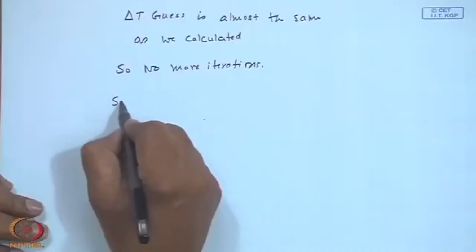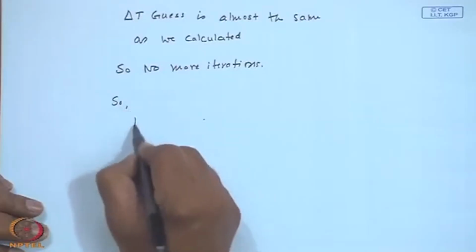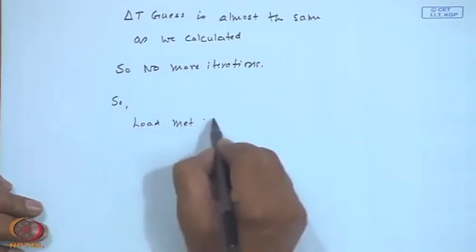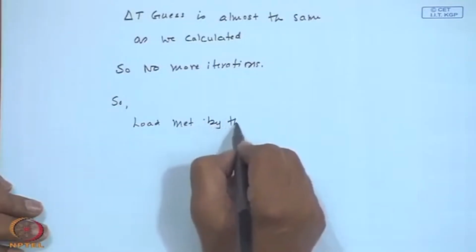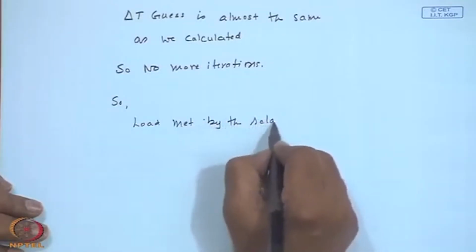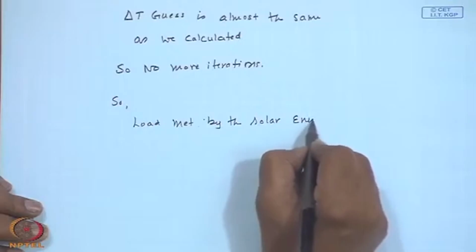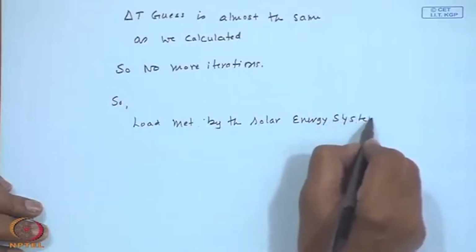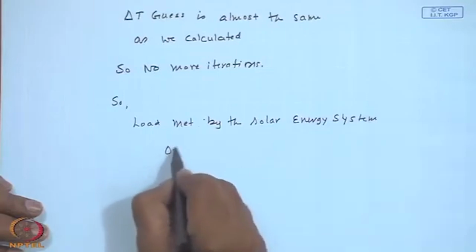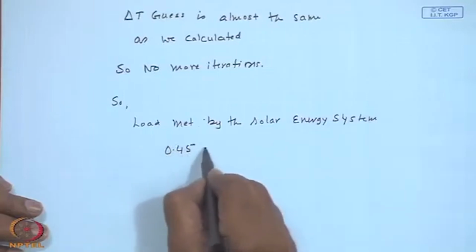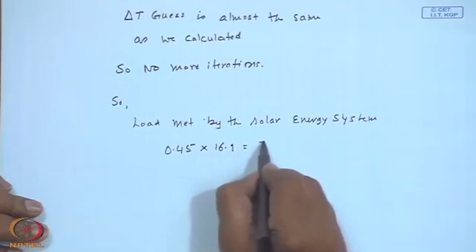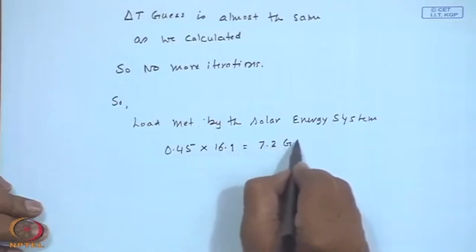So, finally, the load met by the solar energy system is 0.45 times 16.1, equal to 7.2 gigajoules.